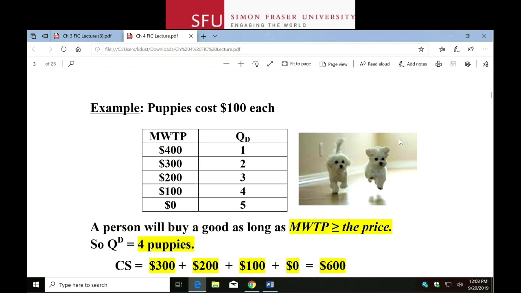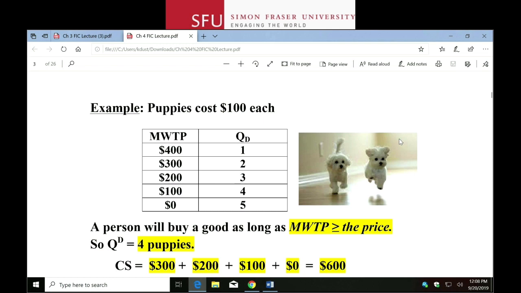Now you can calculate the surplus two ways. This way, what we did is we took the willingness to pay minus the cost for each unit separately and then added it together. But you can do it another way where you calculate the total willingness to pay for all 4 puppies minus the cost of all 4 puppies. So you'll get the same answer. It's just a different way to calculate it. Total willingness to pay for all 4 puppies would be 100 plus 200 plus 300 plus 400. That would be your total willingness to pay for the 4 puppies.